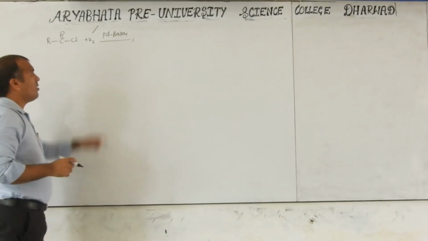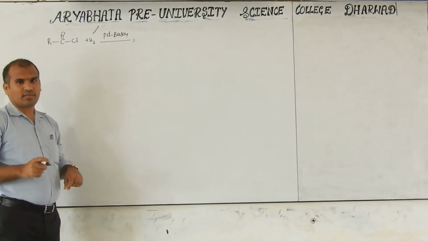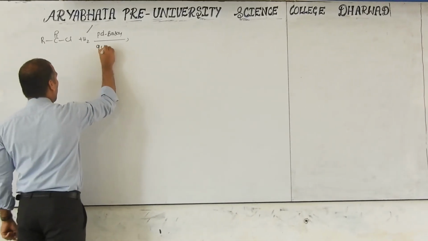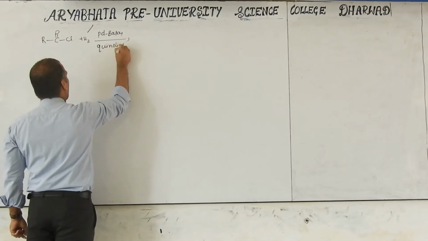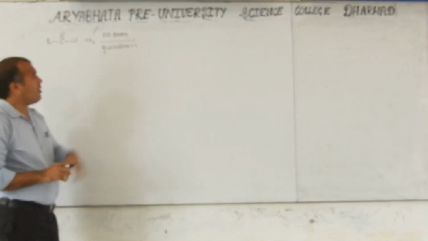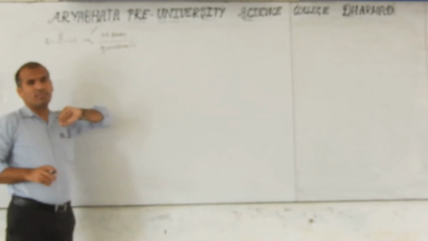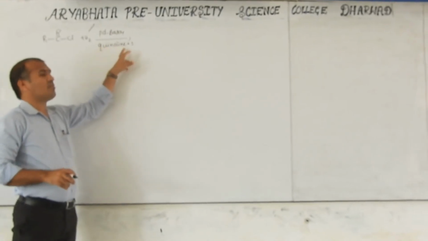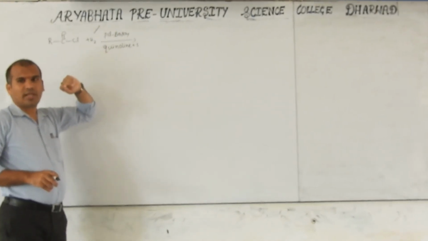Palladium barium sulfate: barium sulfate is a poison to the catalyst. And why are we using this phenolene plus sulfur? These are better poisons to this palladium. Barium sulfate also poisons this palladium. It means it reduces its activity. These also reduce the palladium activity.